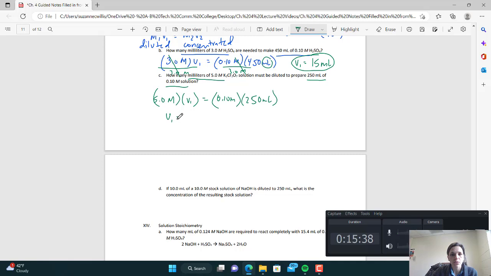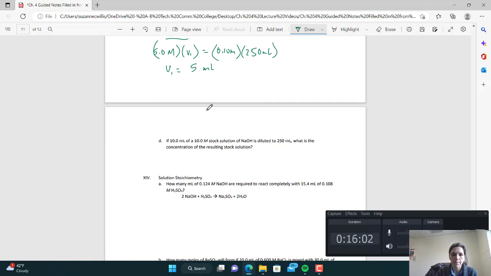So we solve for V1 here. So I take 0.1 times 250 on one side and then divide by the 5, and we get 5 milliliters. And once again, what that means is you're taking 5 mL of the really strong solution, adding water until you get to 250, and you will have weakened it to the desired amount.